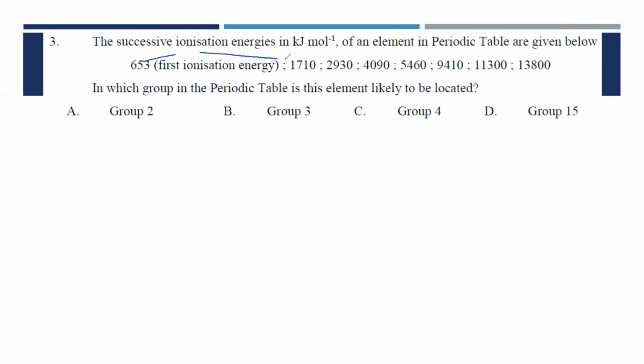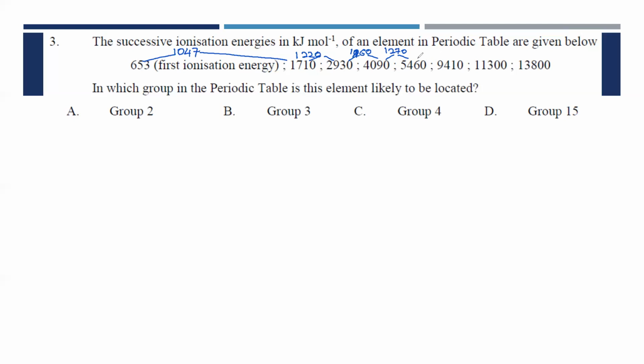For example, the difference between the first and second, 653 to 1710, is somewhere around 1047. 1710 to 2930 is somewhere around 1220. 2930 to 4090 is 1160, sorry, 1160. 4090 to 5460 will be 1270.